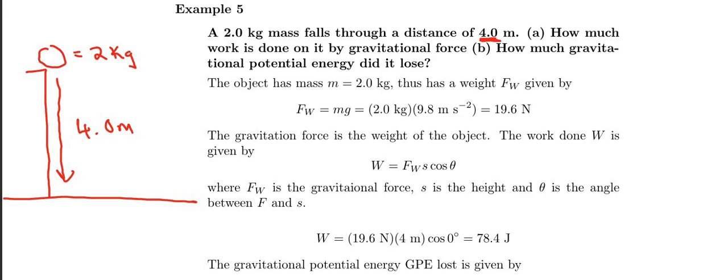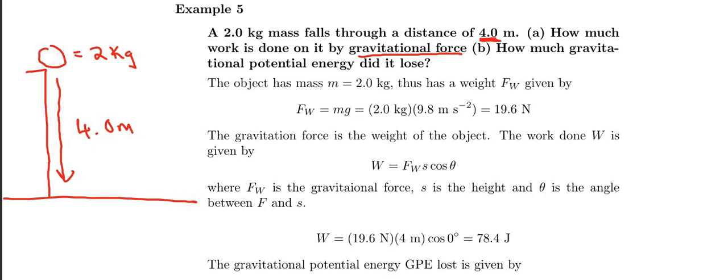And they're asking how much work is done on it by the gravitational force. Gravitational force is simply going to be with respect to the weight. Whenever it has to do with gravitational force, they're talking about the weight. When you go on a scale, what we're measuring is the force of gravity on you with respect to your mass.